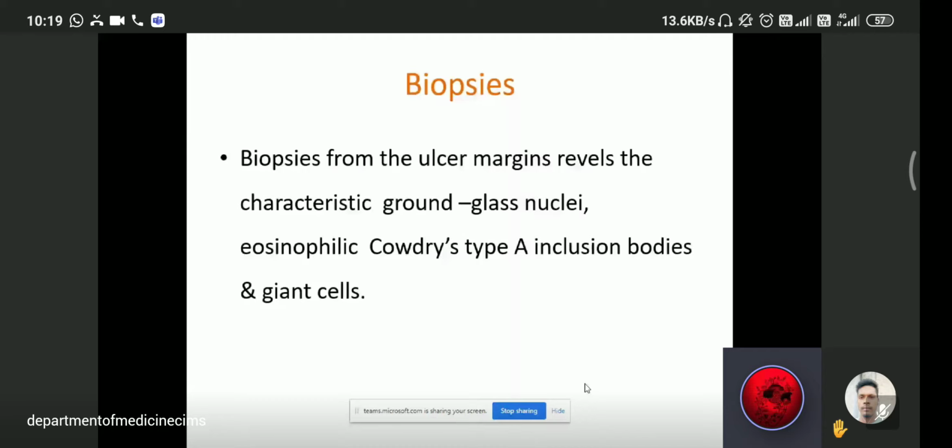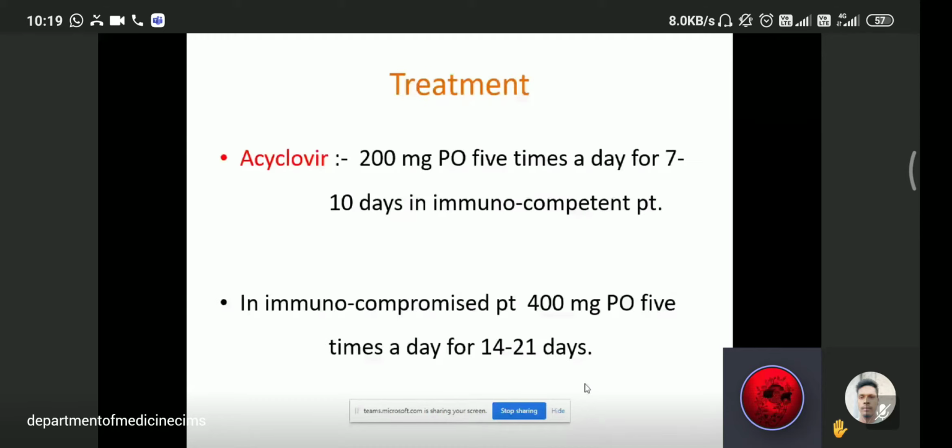Treatment is with acyclovir 200 milligram orally 5 times a day for 7 to 10 days in an immunocompetent patient. In an immunocompromised patient, the dose has to be increased to 400 milligram orally 5 times a day, and the duration of therapy increased to 14 to 21 days. So this is treatment with acyclovir.